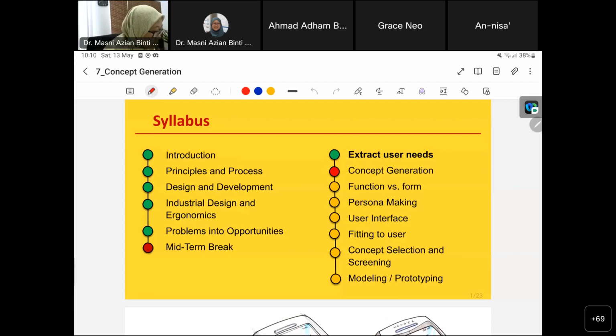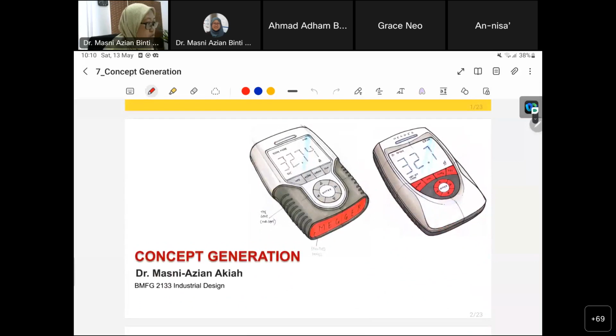Okay, now that you have your product specification details, you can now generate multiple design concepts based on what the user needs and based on the technical requirements. So this is what we are going to cover today.